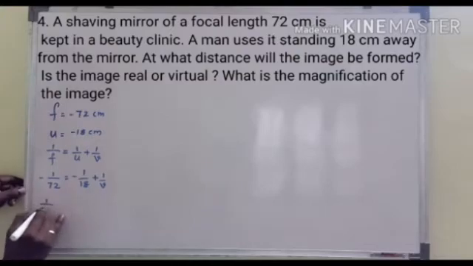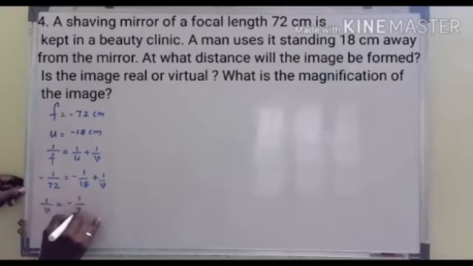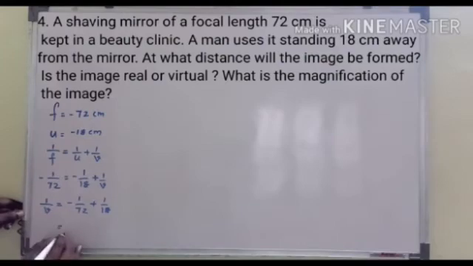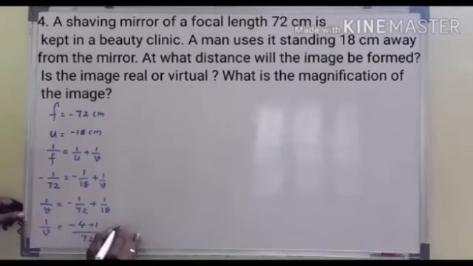So 1 by v is equal to minus of 1 by 72 plus 1 by 18, which is minus of 4 plus 1 by 72. So 1 by v is equal to minus of 3 by 72.